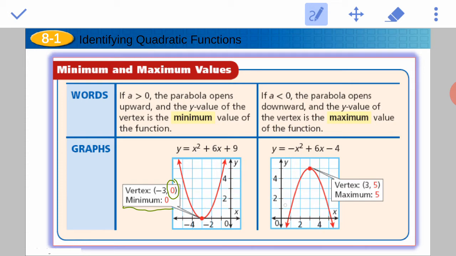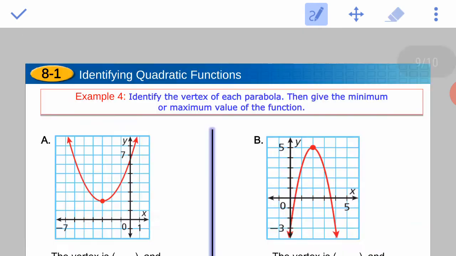The opposite if the parabola is downward. If the parabola is downward, the vertex is on the top of this graph. It's the highest point, and the y-coordinate 5 in this situation is called the maximum y value. This is the maximum y value you would ever see in this parabola. So identifying minimum and maximum values is pretty easy.